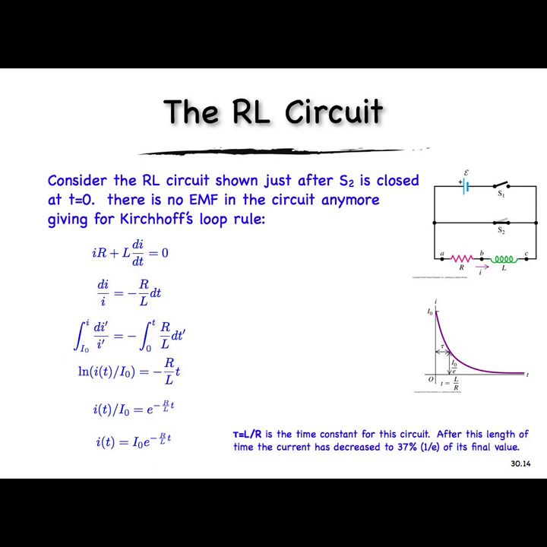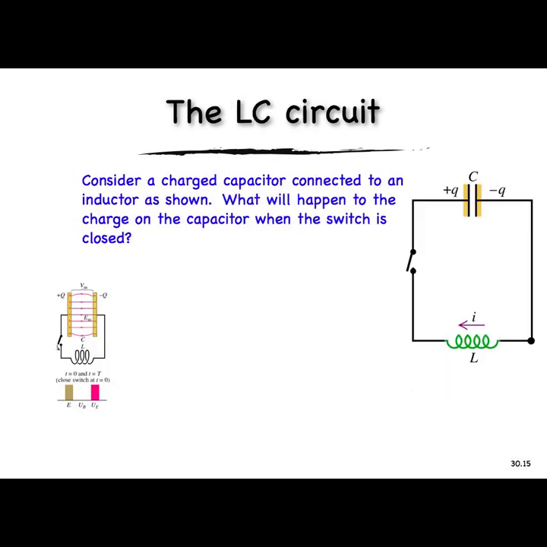Now I can consider what happens when I close this switch. So I have current flowing through this inductor. When I close the switch, without the inductor there, you'd say, well, now no current flows, because if I just look at this loop here, I have no voltage source to drive current across that resistor. But with the inductor, the voltage source is the EMF associated with the change in current.